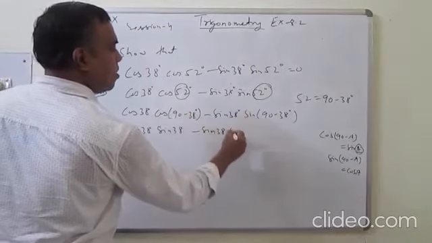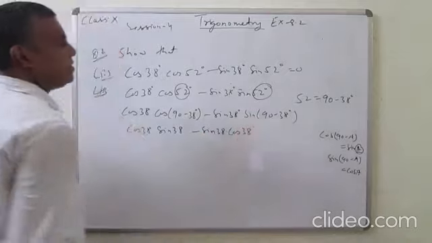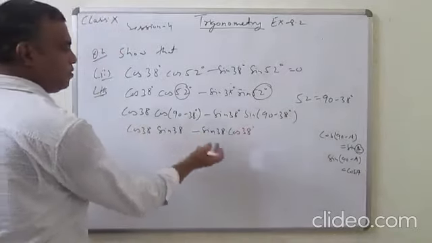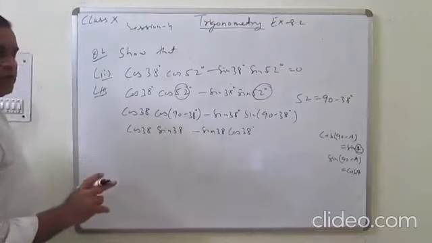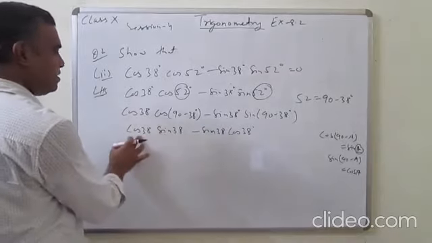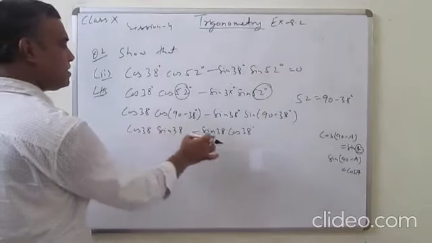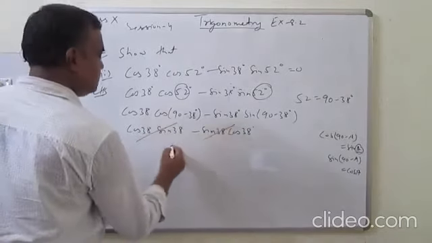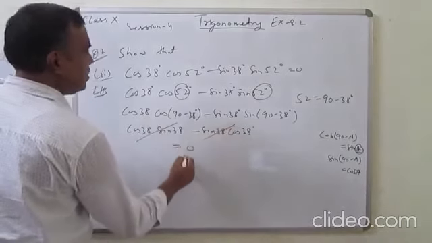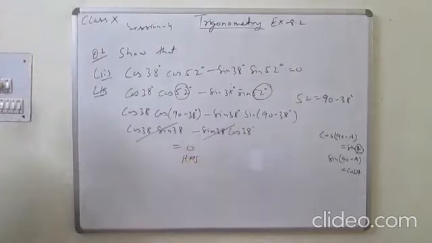So it is cos 38 sin 38 minus sin 38 cos 38. Multiplication is commutative, so the order stays the same in value. cos 38, sin 38, sin 38, cos 38 are the same. So this will cut out and you will get 0. This is the right hand side. In this way you can prove. Any doubt?